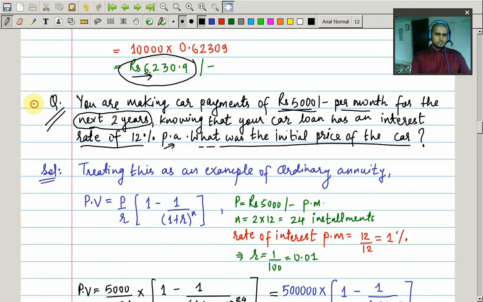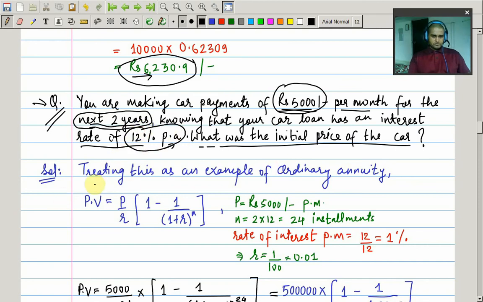So is this question clear to everyone? It's like installments, EMI for repayment of my car loan. And what is the amount of installment? 5,000 I am paying every month for consecutive 2 years, and the rate is 12% per annum.